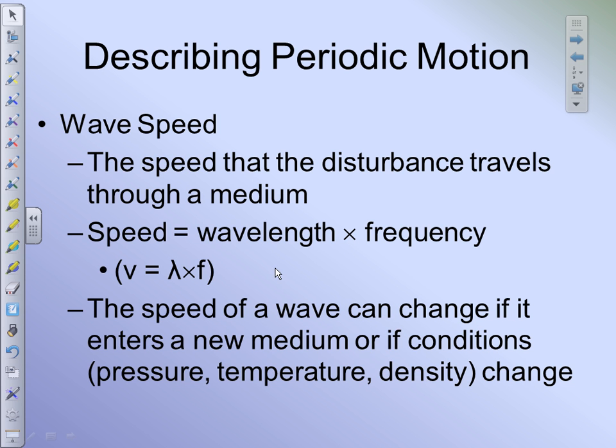That affects how quickly the waves travel through the strings, and it also affects how quickly the waves travel through the air. So, Andrew, that affects this quantity in the equation, right? It affects V. If one side of the equation changes, what automatically has to happen to something on the other side?